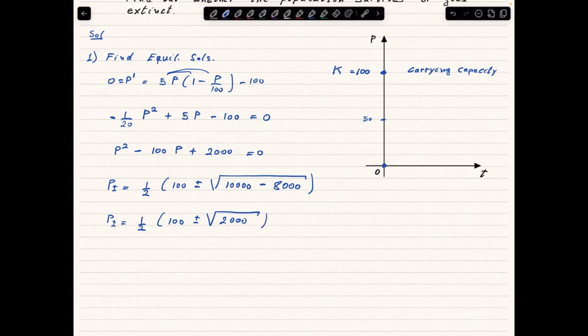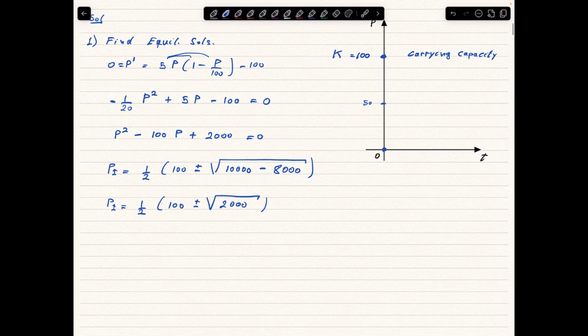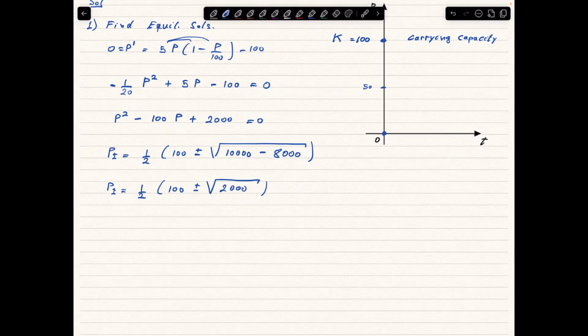We could keep simplifying, but now is a good time to grab a calculator and write this as 1/2 times 100 plus or minus 44.72, if I did it correctly. Okay, good. So we have two solutions.